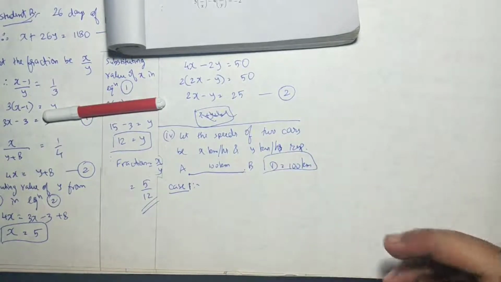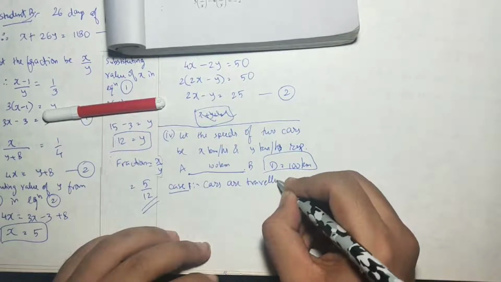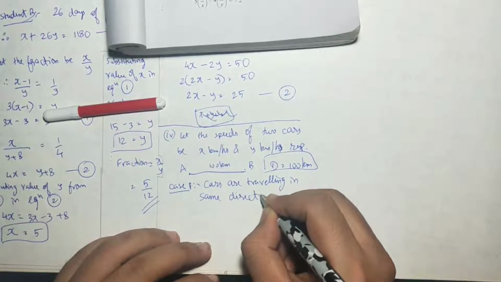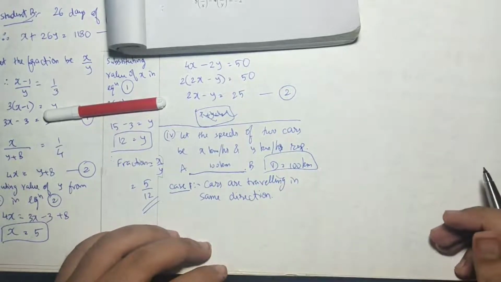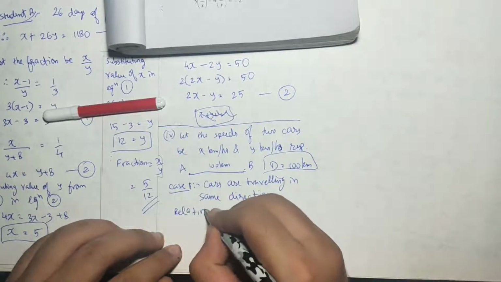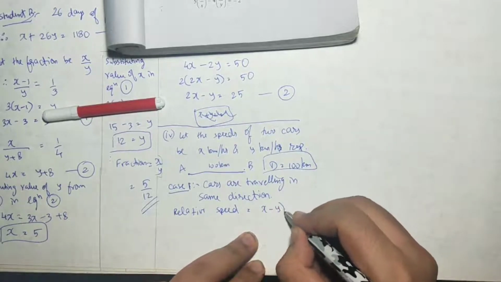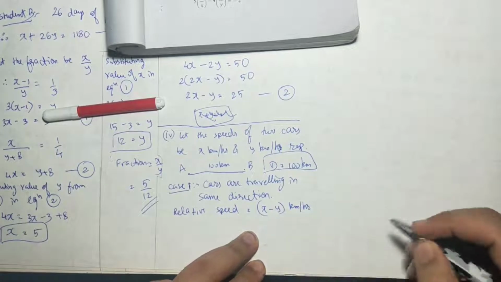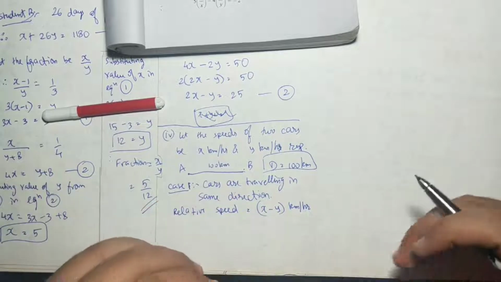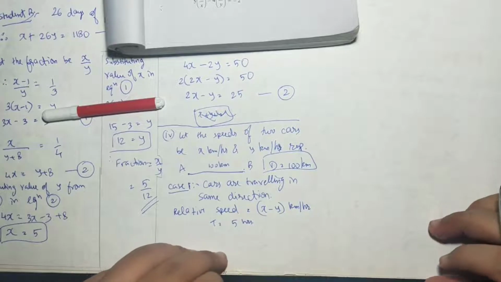Now case 1: when cars are traveling in the same direction. In this case, the relative speed, as I told you, is x minus y kilometers per hour. The time taken for the cars to meet is 5 hours.